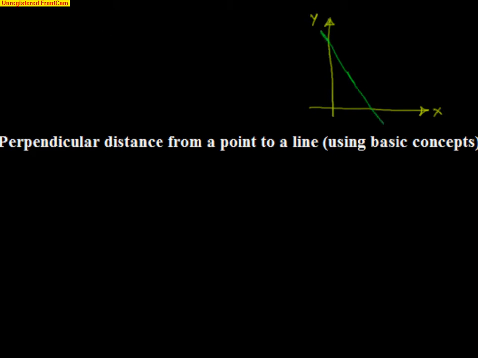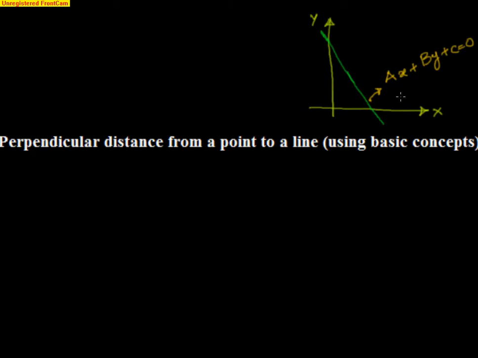This is a straight line and we have the straight line equation, that's ax plus by plus c equal to 0.